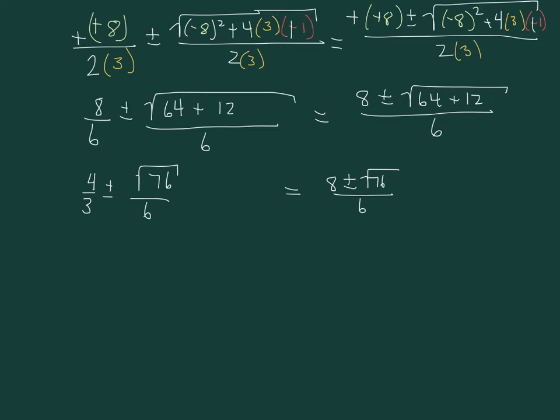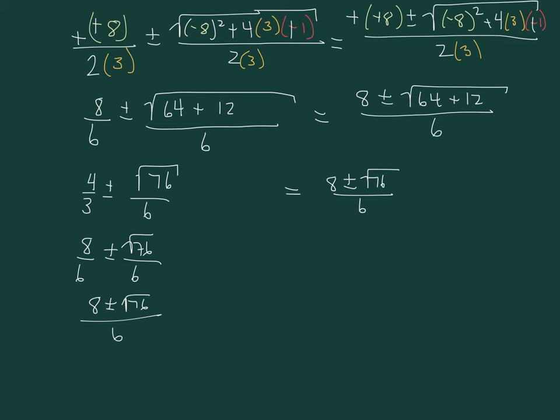From there, I'm actually going to take this 4/3 right here and change it back to 8/6, because I need common denominators so I can combine the numerators, right? So this now becomes 8 plus or minus the square root of 76 over 6.